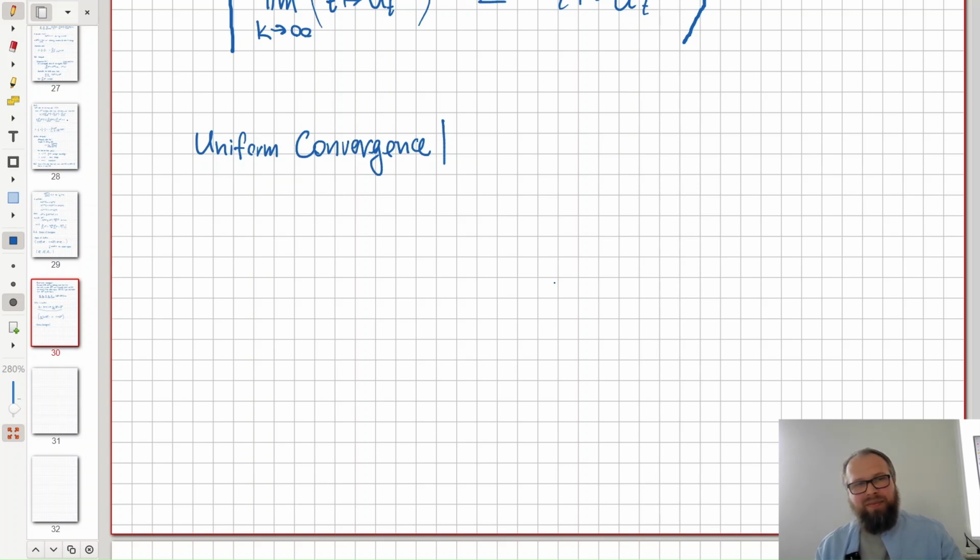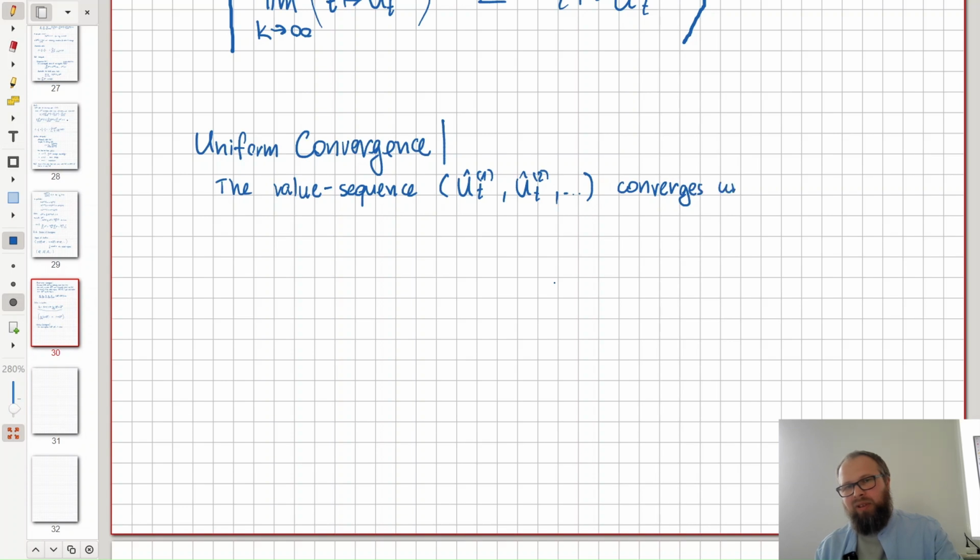The value sequence converges uniformly for t in the domain.